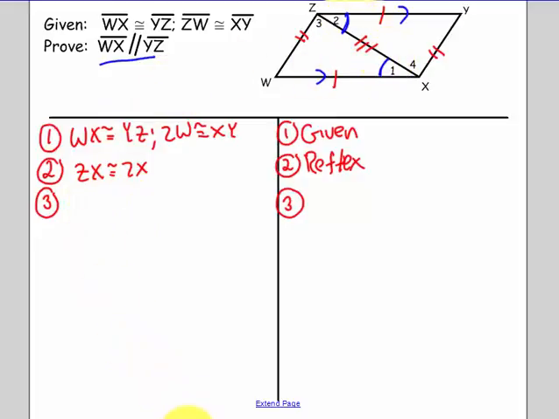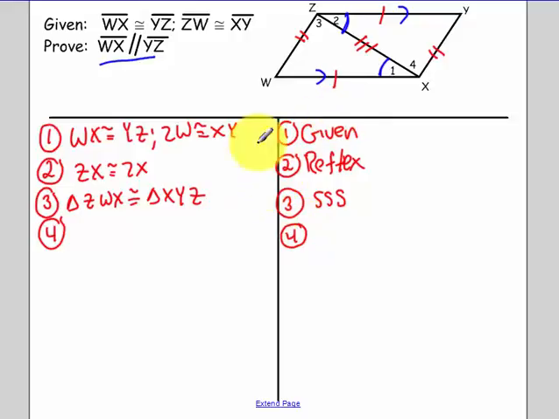So I'm using the fact that we now have congruent triangles. So triangle ZWX is congruent to triangle XYZ by our side, side, side. So now that I have that, we can then state that angle 1 and 2 are equal because those are corresponding angles.